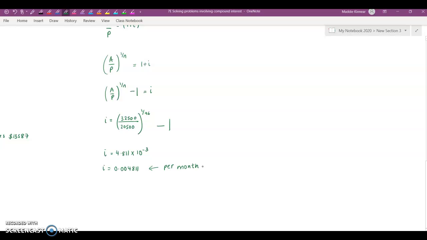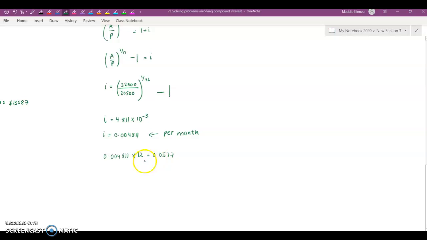So to convert that back to how much interest we'd have in a year, we need to multiply our value by 12 to convert it back. So if we multiply this by 12, we get a decimal of 0.0577. And don't forget, this is the decimal rate.